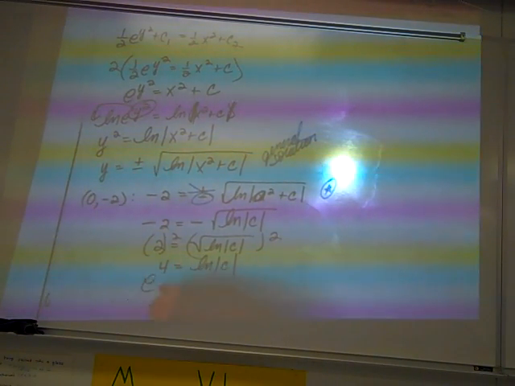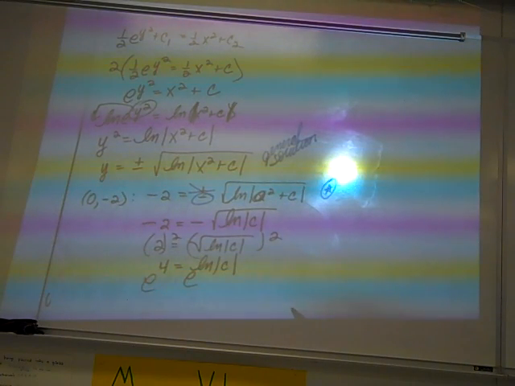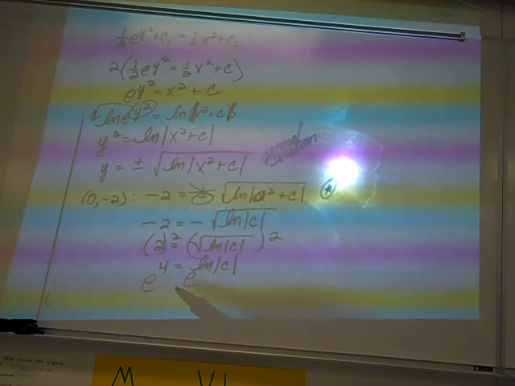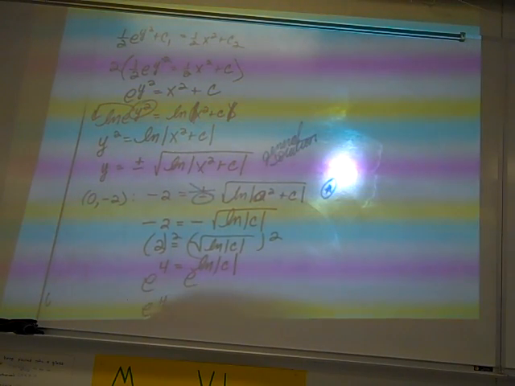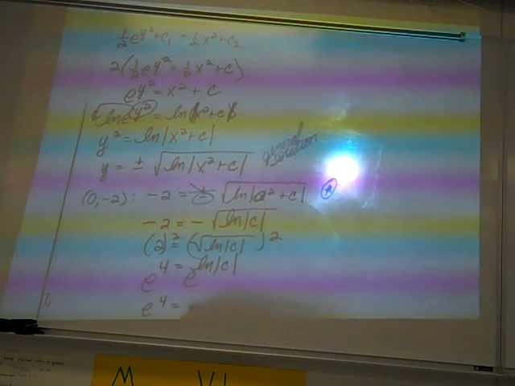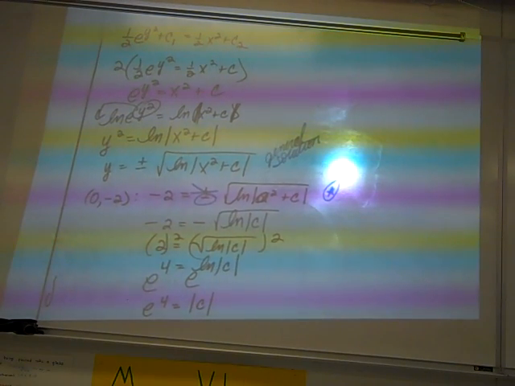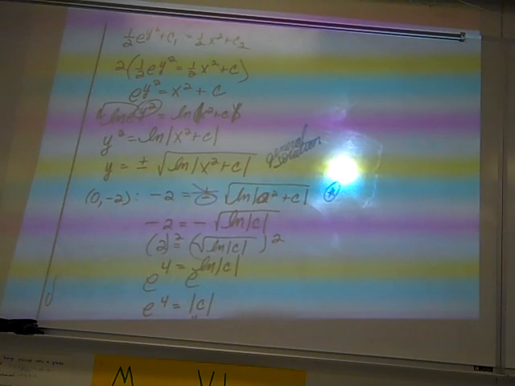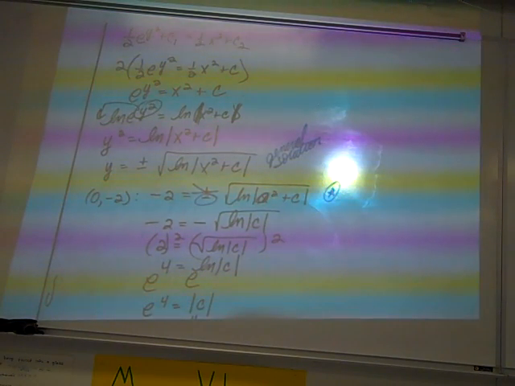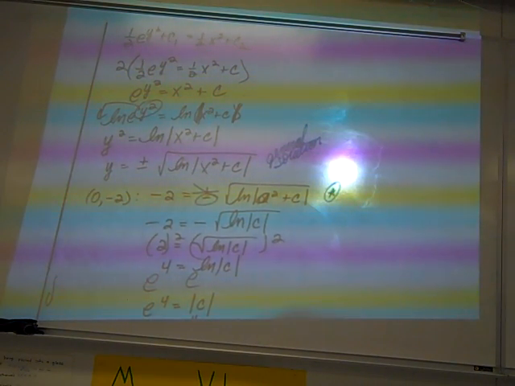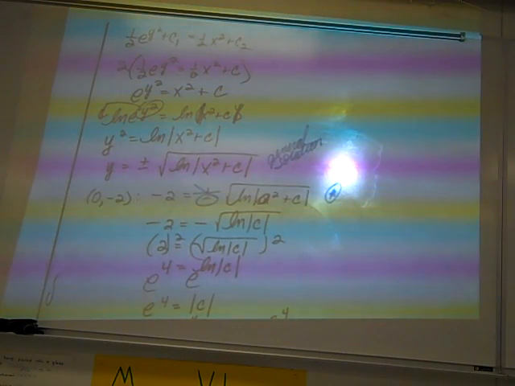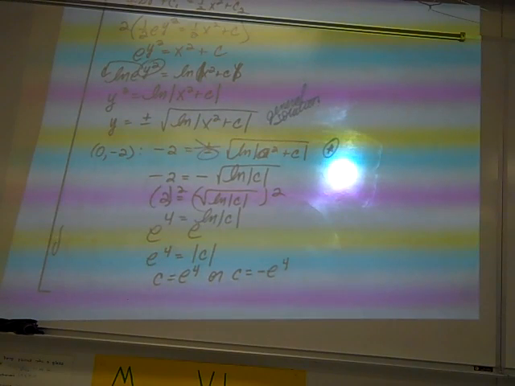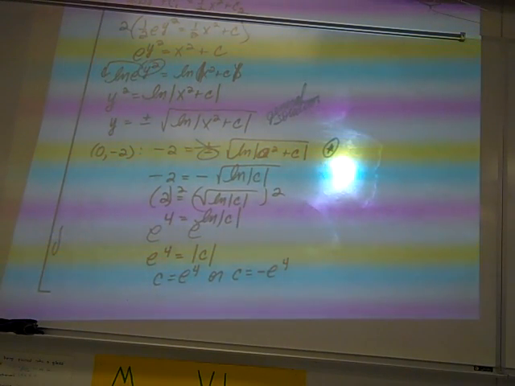In order to solve it for c, we're going to do exponentiation. That's the fancy term for this. And so we get that e to the 4th, since e and the ln cancel out, is equal to the absolute value of c. So I guess technically c could equal e to the 4th, or c could equal negative e to the 4th. So you really do have two options there if you want to be really, really specific.